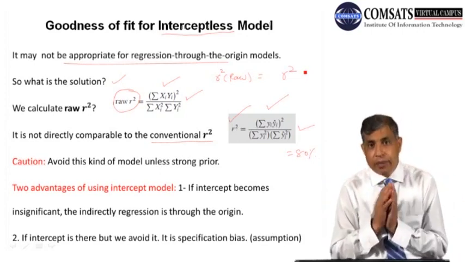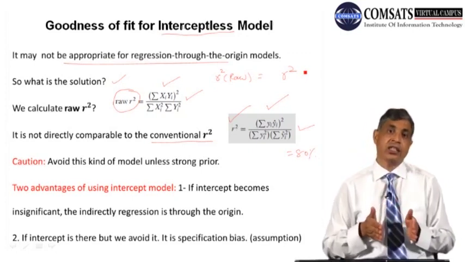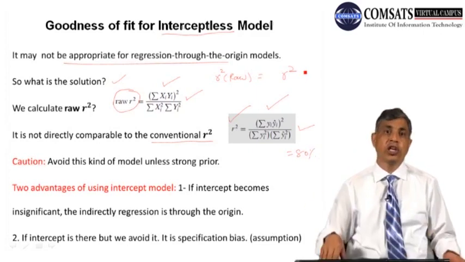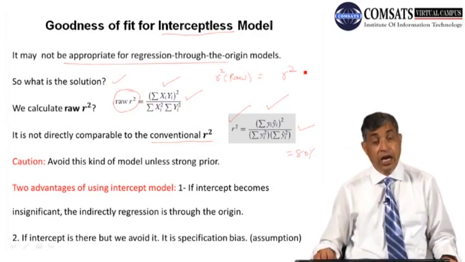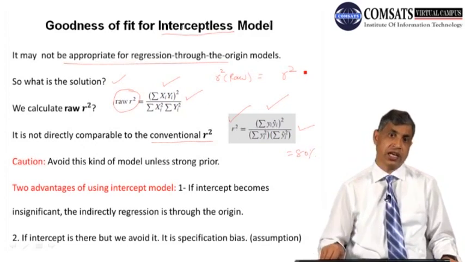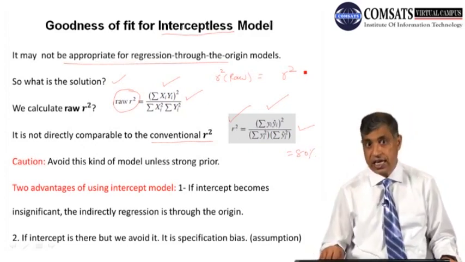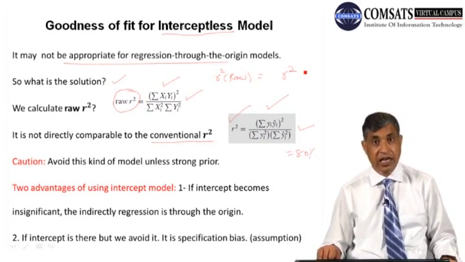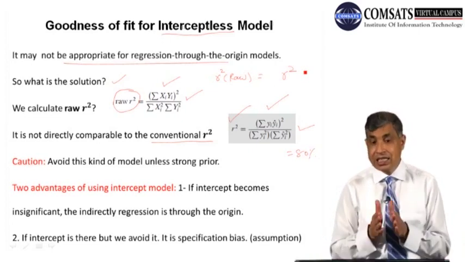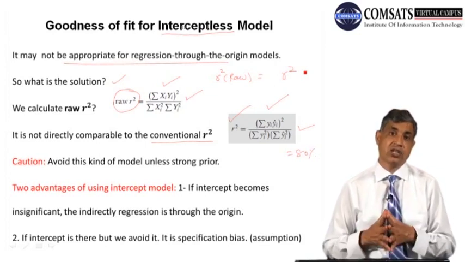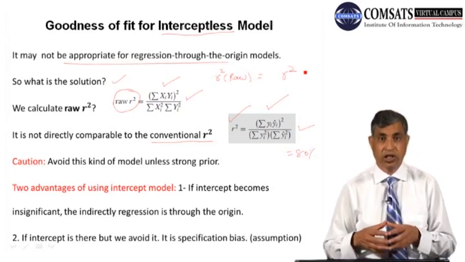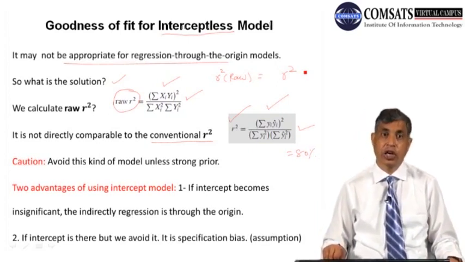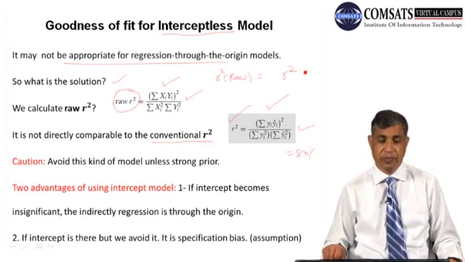We can compare many R squares if the regression is of the same type. For example, if the regressions include an intercept, if there are 1000 regressions and 1000 R squares, we can compare them. And for the higher R square, we will say that it is explaining the major proportion of the dependent variable y. But if one R square is the raw R square for a regression that has no intercept, and the other is the conventional or traditional R square, we are unable to compare them.